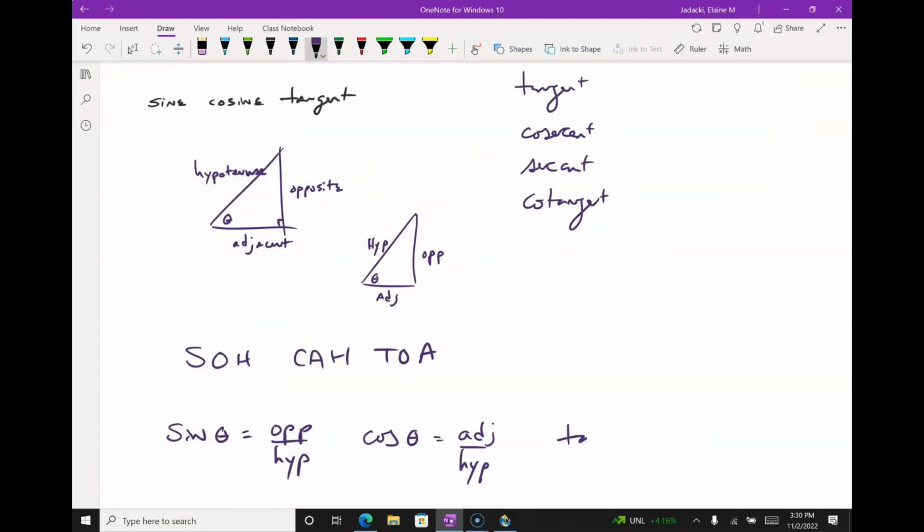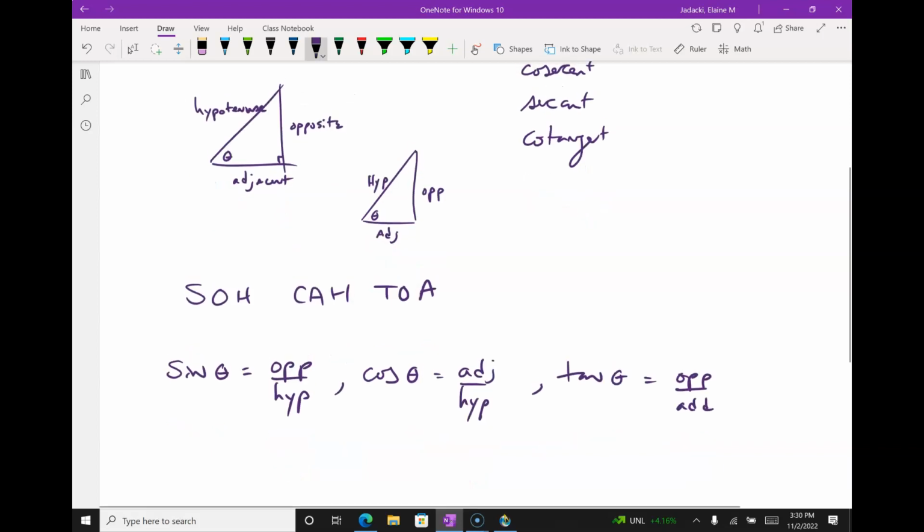And tangent of theta is the opposite over the adjacent. We're memorizing this, of course; it's going on our formula sheet. Sine of theta is the opposite side divided by the hypotenuse. Cosine is the adjacent divided by hypotenuse. Tangent is opposite over adjacent. SOHCAHTOA.